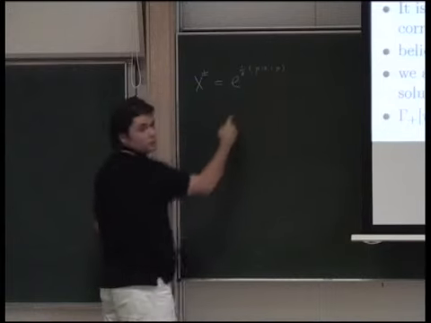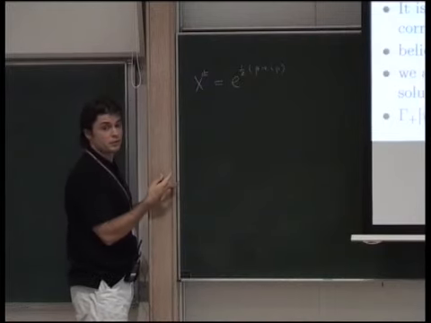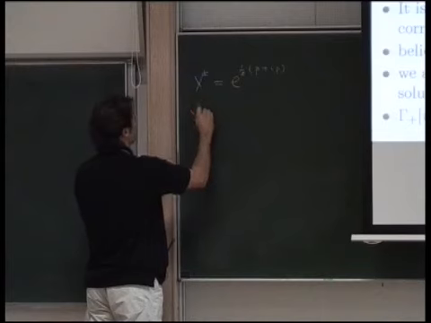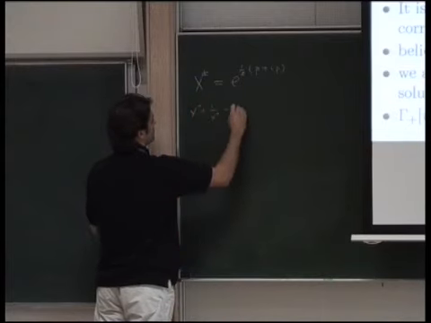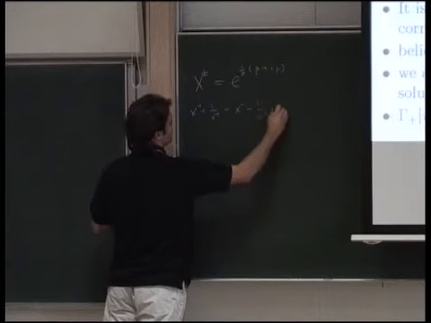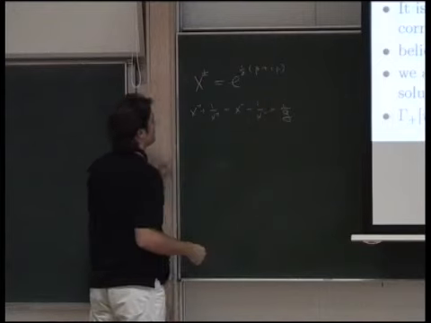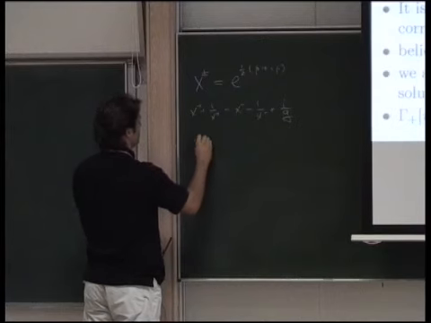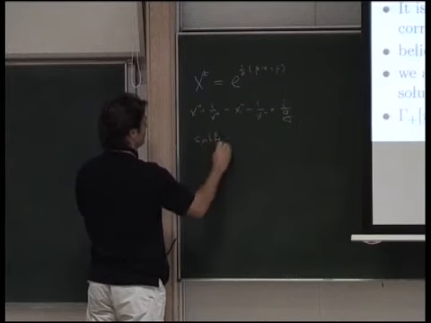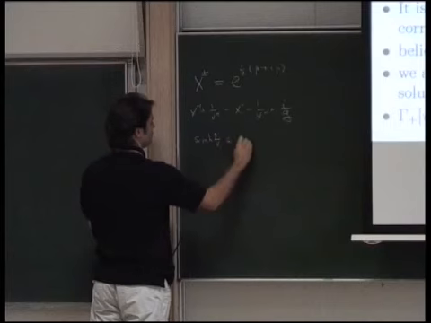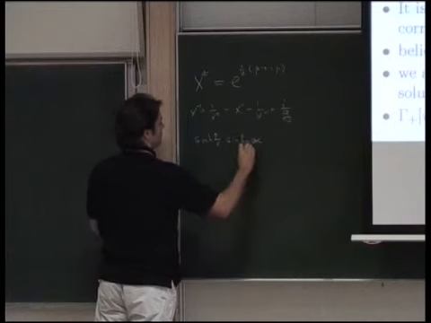This is the moment which comes to the beta equations. The condition is written in this form: sinh beta over 2 times sin p over 2 is proportional to 1 over g.